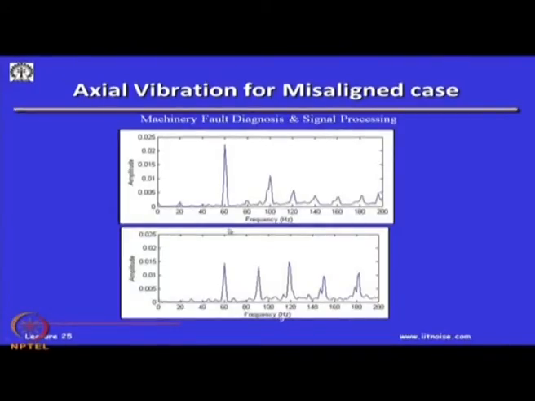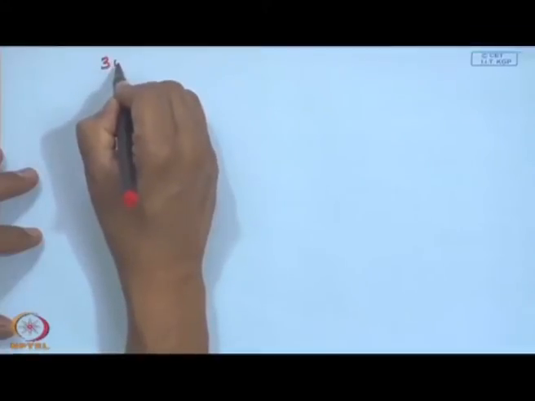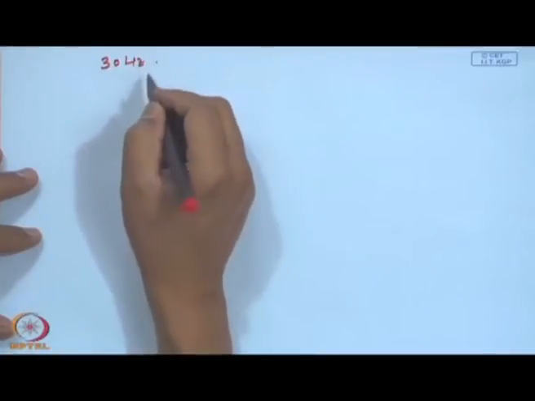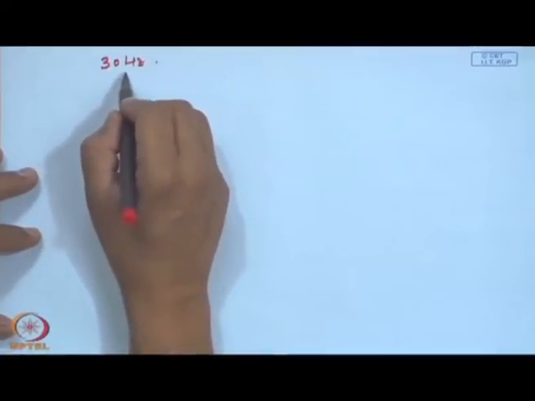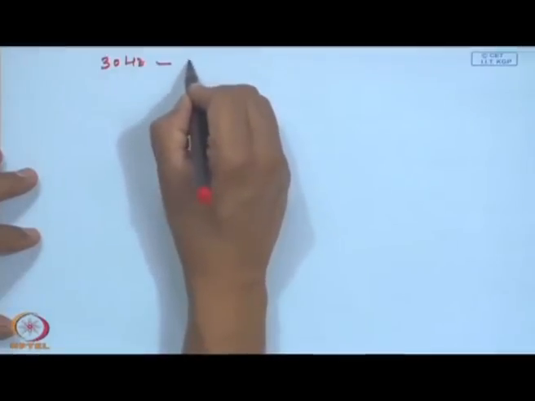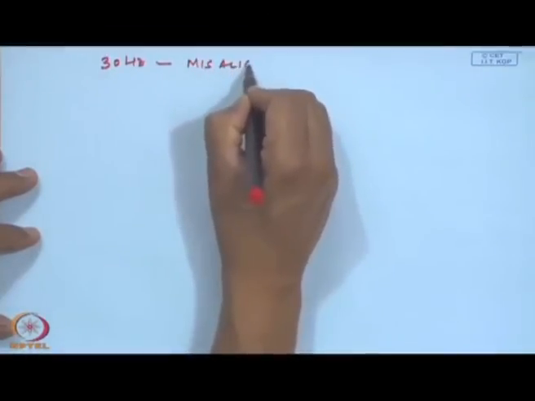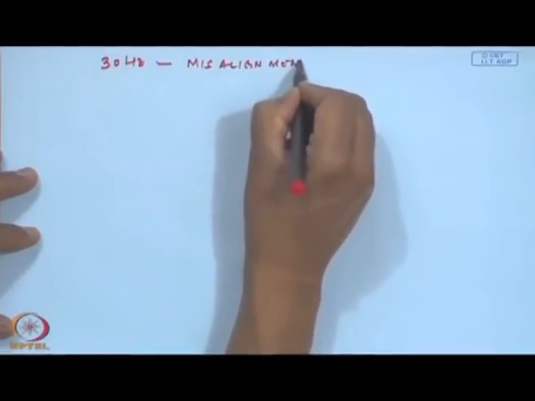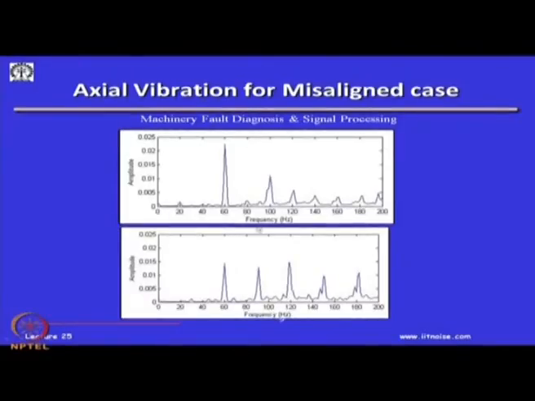a case wherein we had the machinery rotating at 30 hertz, and then we had different amounts of misalignment. Of course, they were all measured in axial directions, and we will see usually 2x and sometimes very close to this a 3x and 5x occurring.